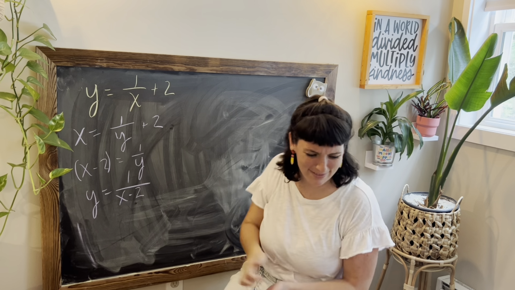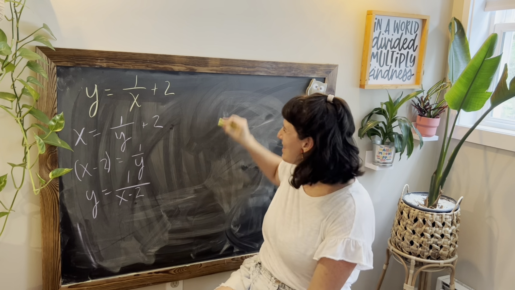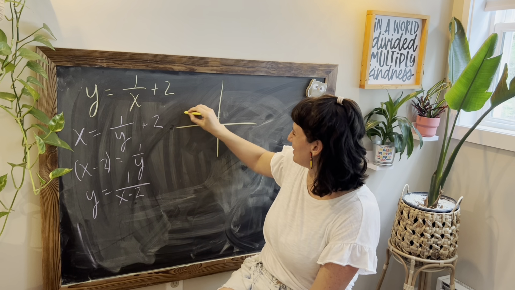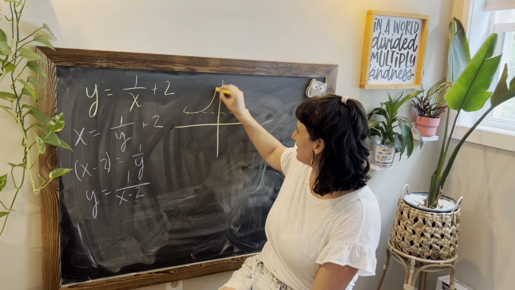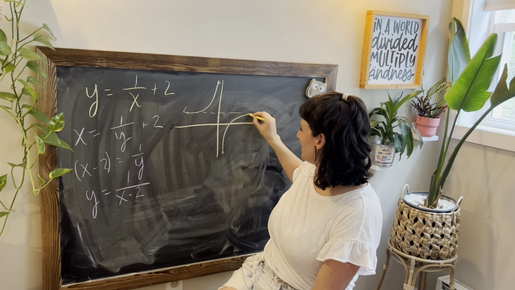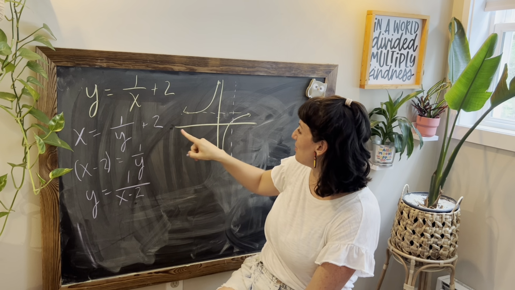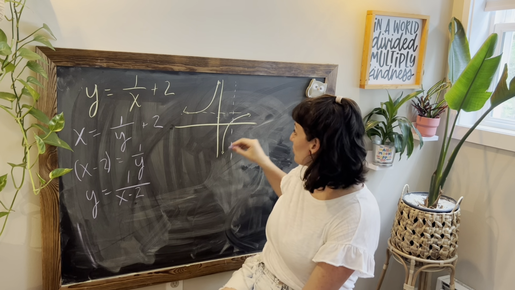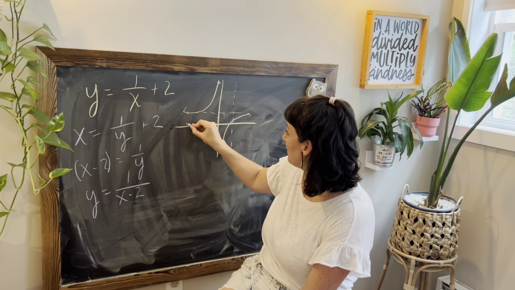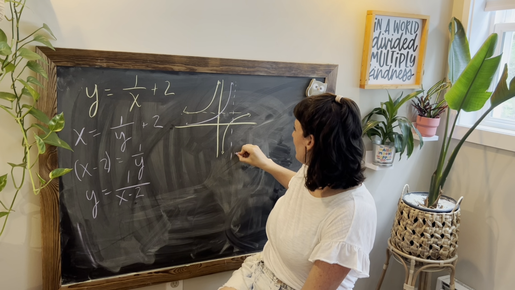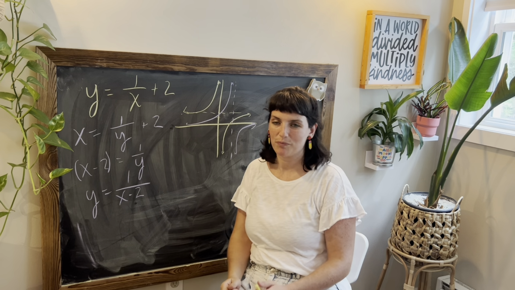Oh man, I'm a crazy person. That's not what it looks like. All right. This one was up 2. That one was right 2. But it still has a horizontal asymptote of 0. Okay. Brain.